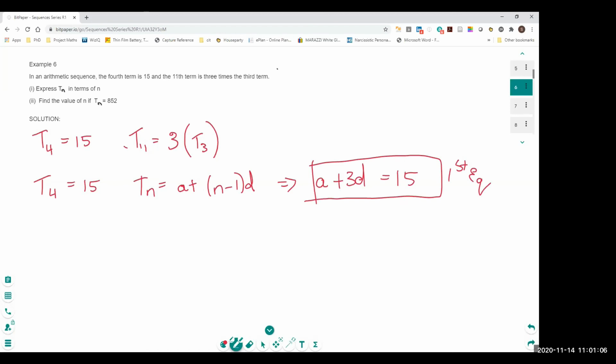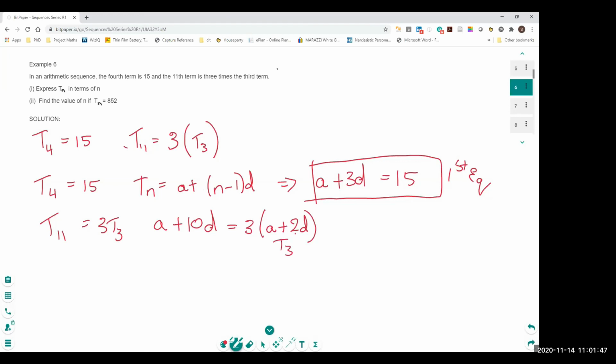T of 11, we know, is equal to 3 times T3. That's equal to a plus 10d, and that's equal to 3 times (a plus 2d). Now, where did all of that come from? Well, we have 3 times (a plus 2d) for t3.